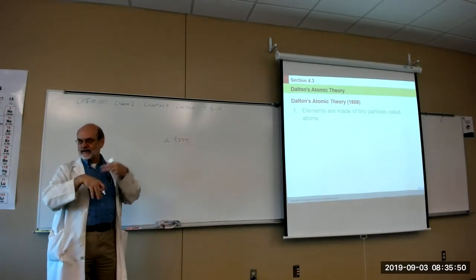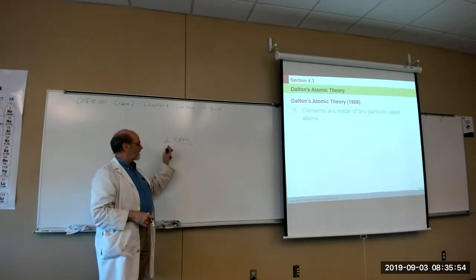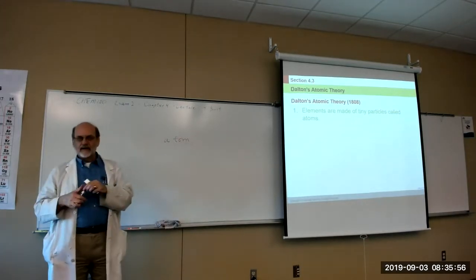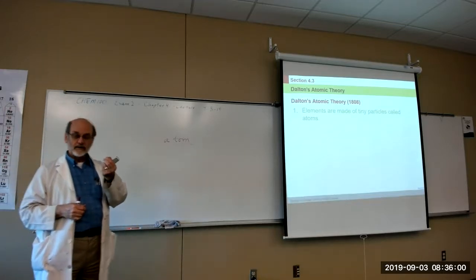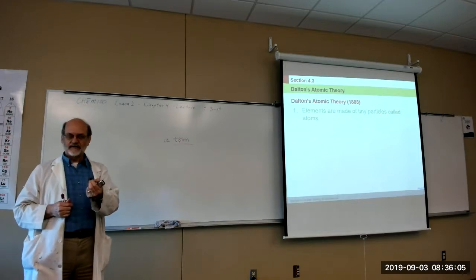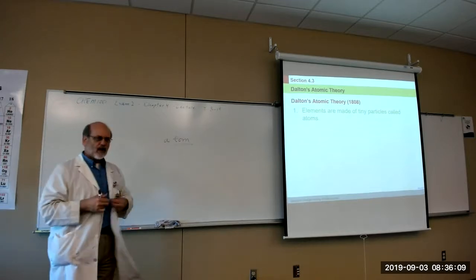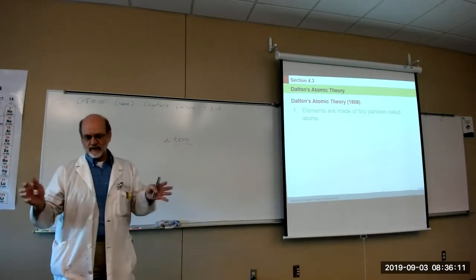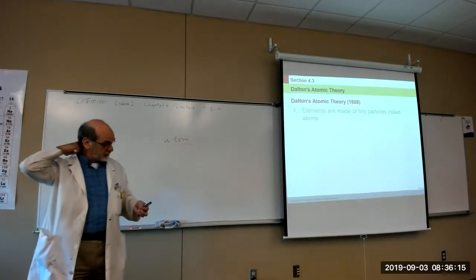It's the negative of the word that follows it. So it means not cut. That just means that this atom, this particle, can't be cut any further by physical or chemical means. That's the smallest you can get. Okay? Of course, now we know that you can break atoms apart into elementary particles, but they didn't know that.